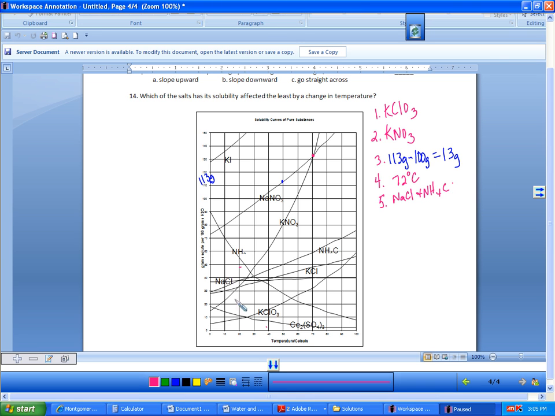Then I also said, well, I'm going to keep on going up and see if anybody else crosses at 19 degrees Celsius. And I picked KCl and KNO3. So let's see if that makes sense. KCl is this little rascal right there. And KNO3, yep, about right there. They cross each other. So KCl/KNO3.